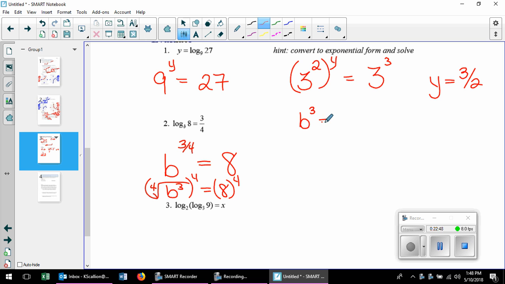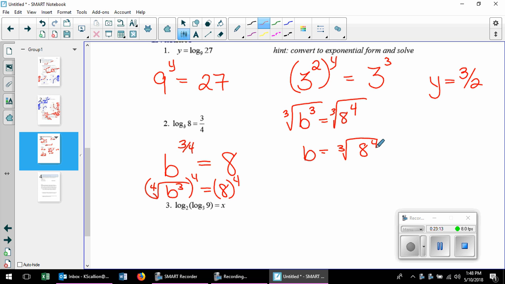So now I've got b cubed equals 8 to the exponent 4. How do I get rid of the cube exponent? You root it. So now I got b equals the cube root of 8 to the exponent 4. This isn't hard.